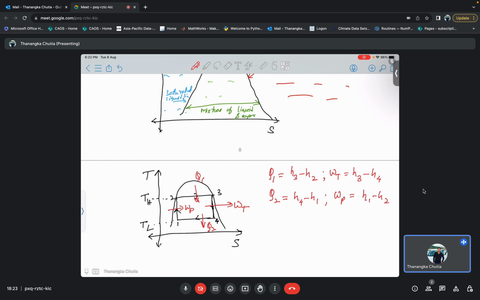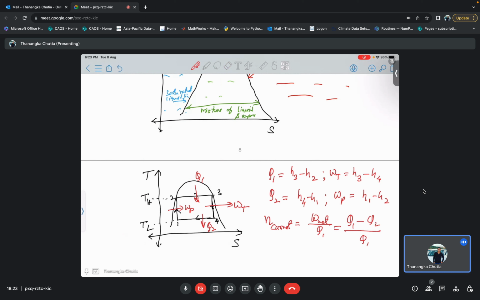what we can do is calculate the eta Carnot. That will be W net by Q1. W net is nothing but Q1 minus Q2, by Q1.